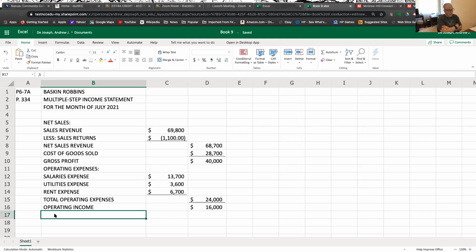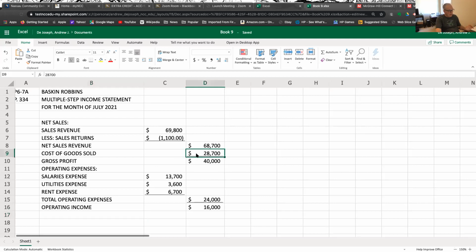To buy and sell ice cream. They made $16,000 doing that. They made $40,000 just on the ice cream, right? Just if you take the difference between what they paid for the ice cream and what they sold it for, they made $40,000 just on the ice cream.